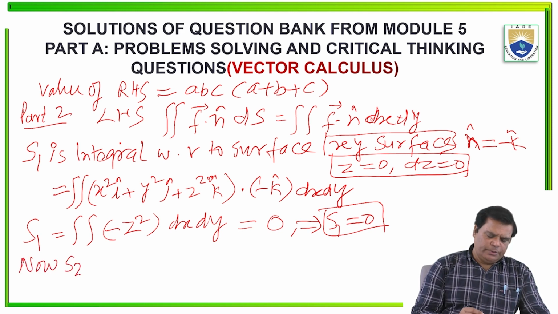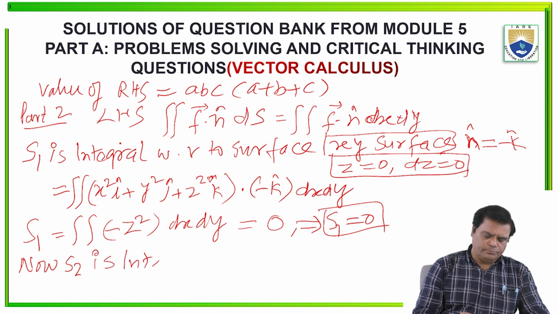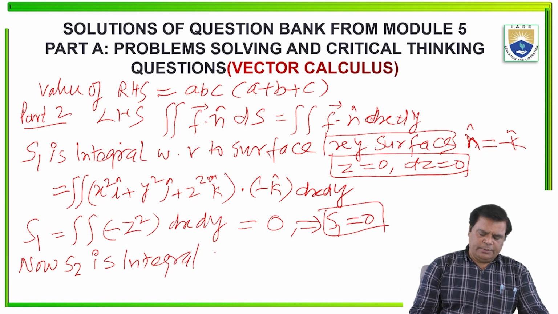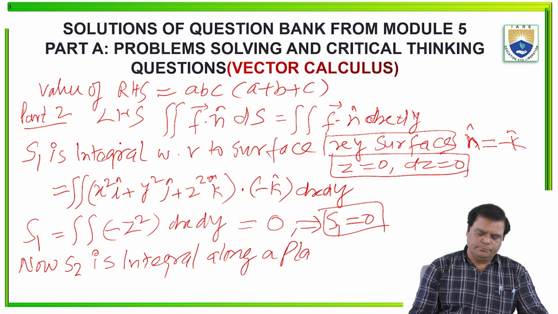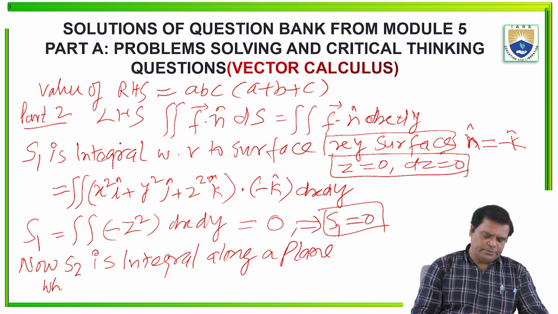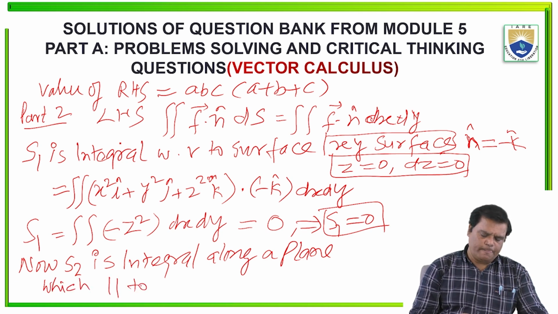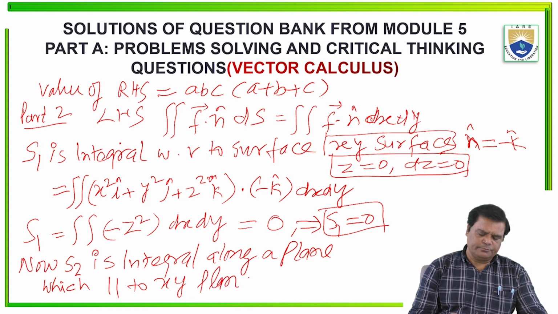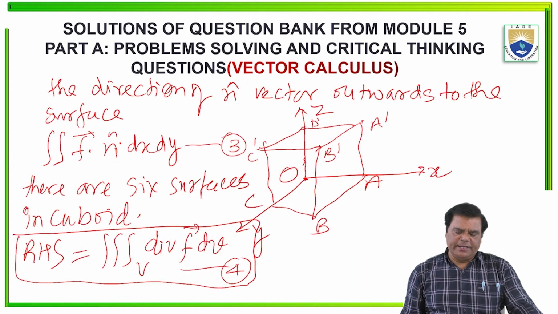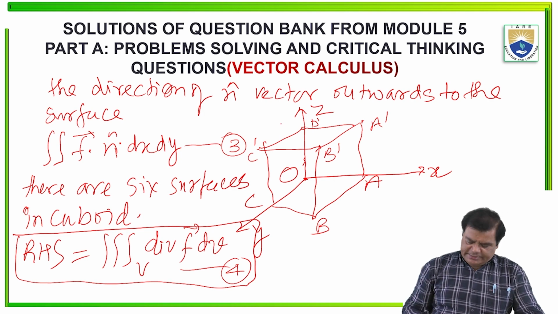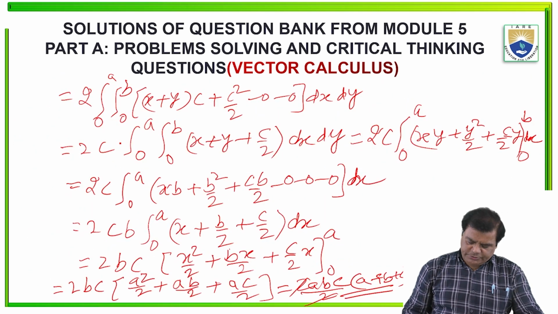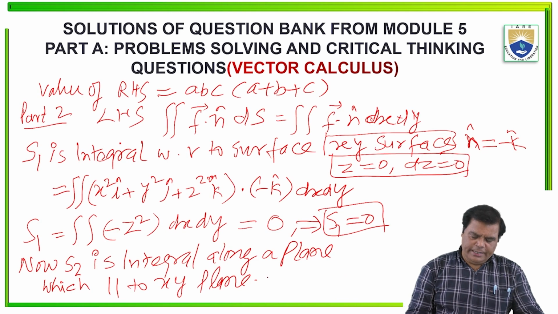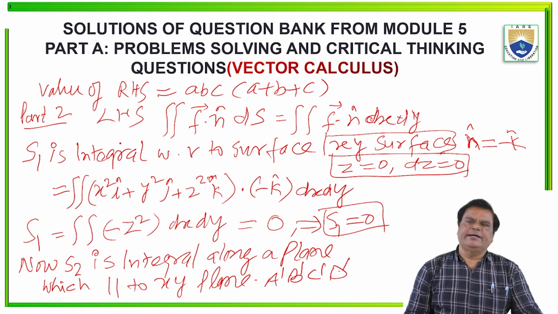Now S2 is the integral along a plane which is parallel to the xy plane. Parallel to the xy plane means the plane A dash, B dash, C dash and D dash.